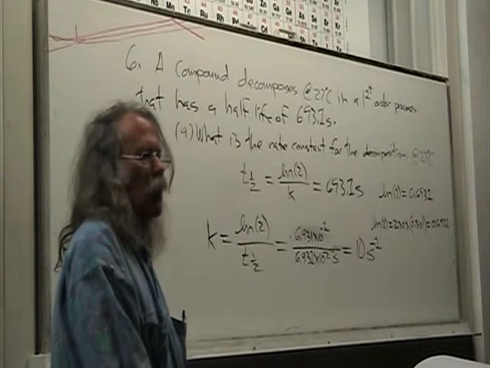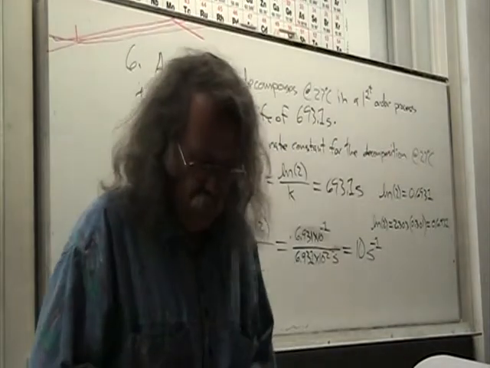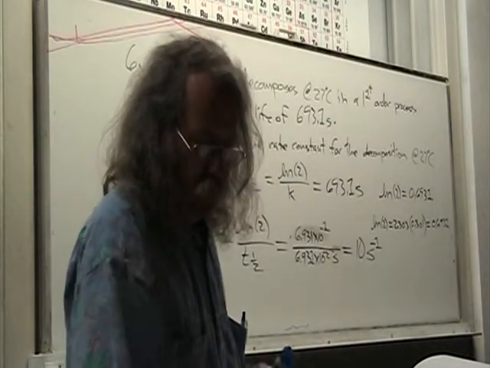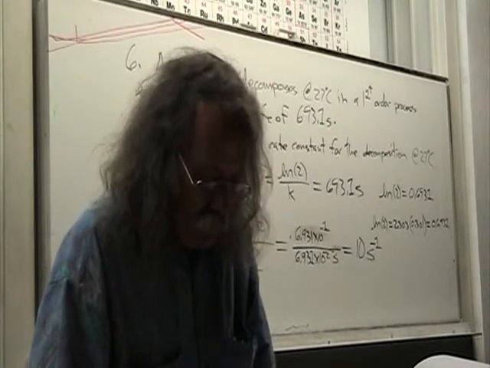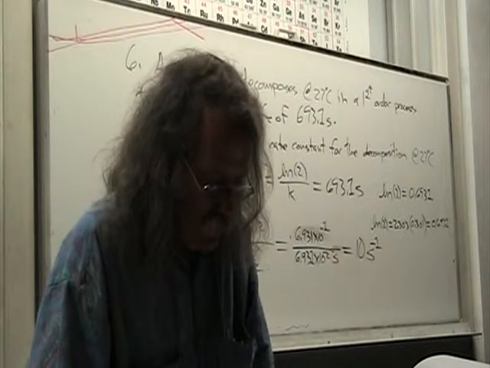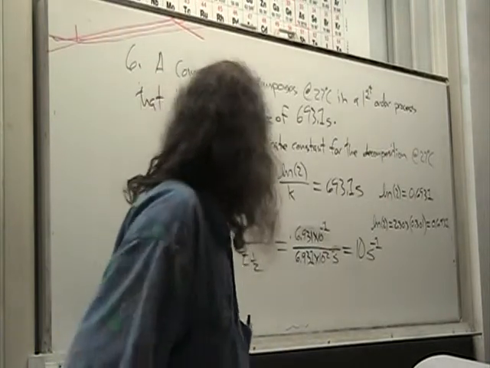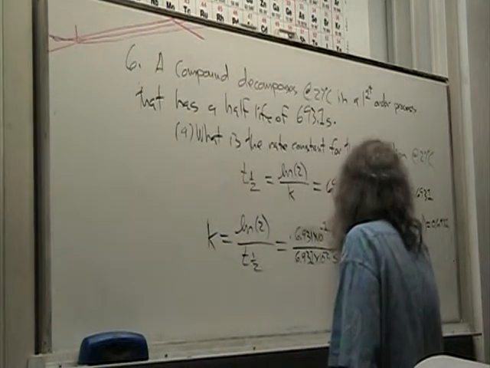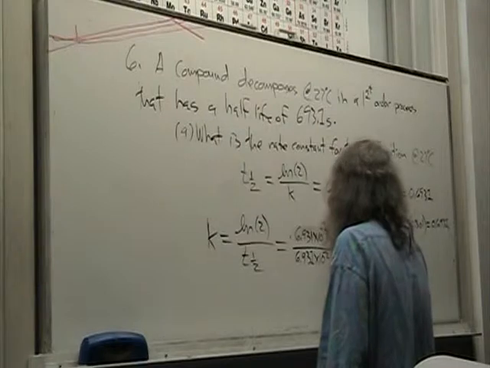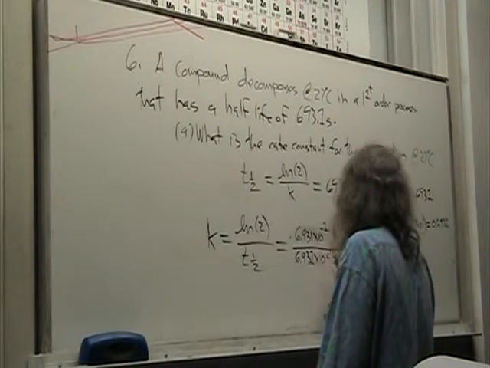Well, did I have a similar problem on the other one? Yeah, it was probably a little different. Let me look at the question. First order process, 693.1. Is it to the negative 2, or is it just to the 2? It should have been to the 2, the numerator is wrong.